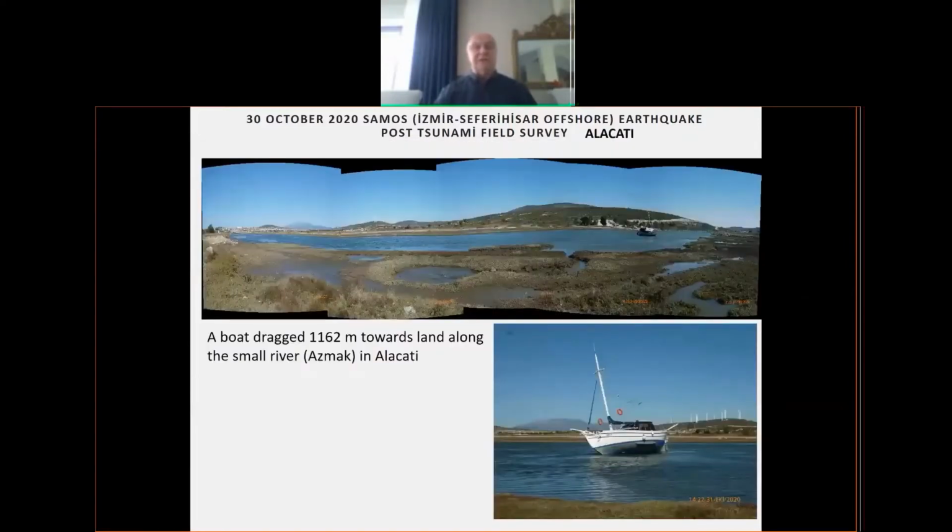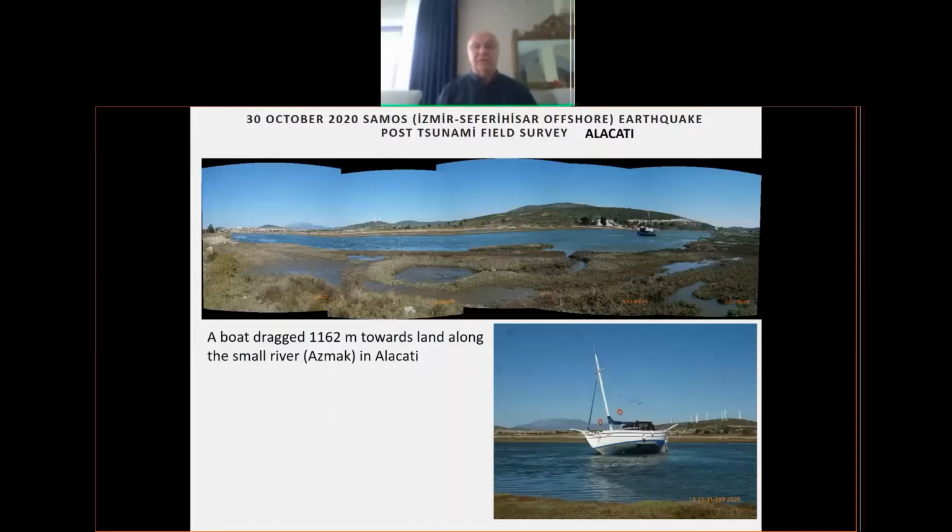And these are the findings from the north part at Alaçatı. Alaçatı Azmak is an interesting stream bed, and it goes more than 3 kilometers inland, starting from the north. A boat was dragged 1,162 meters from the shore, and the maximum penetration of tsunami along this Azmak River was about 2.5 kilometers.